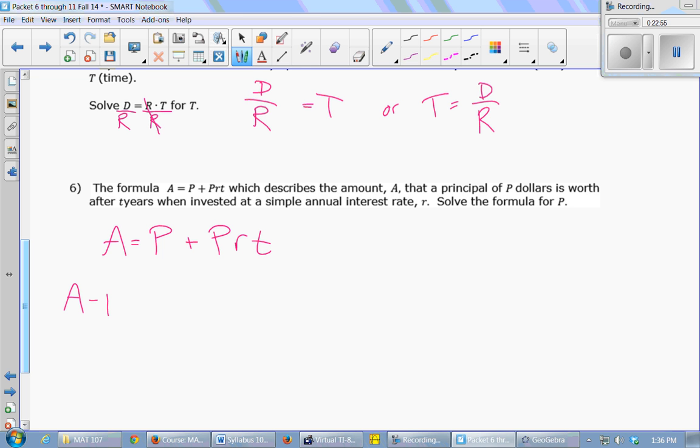So I have A minus PRT equals P. So the problem with this, we've gotten P by itself, right? But there's a P on the other side also. So this is kind of like using a word in its own definition, right? We need to define P in terms of only the other variables. So this is not quite it.